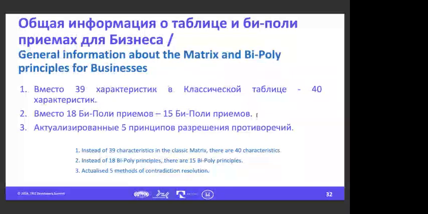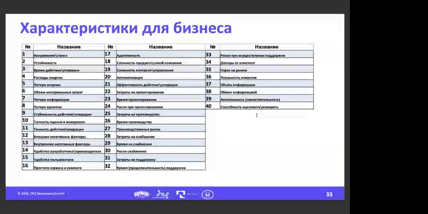And also for the principle of contradiction, discrepancies, we already used the logic of transformation and changes. On this slide, you can see a list of business characteristics which we got. So as of now, we have this edition of that list.